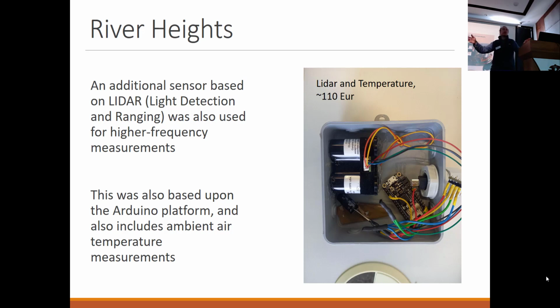So if you have a piece of the river that's a little bit flatter, or if you have a storage dam, or if you're behind like the big dam and you want to know what your water level is, you just point one of these down. When we looked at some of these hydropower plants, they were doing something similar with painted numbers on a wall and then a webcam.